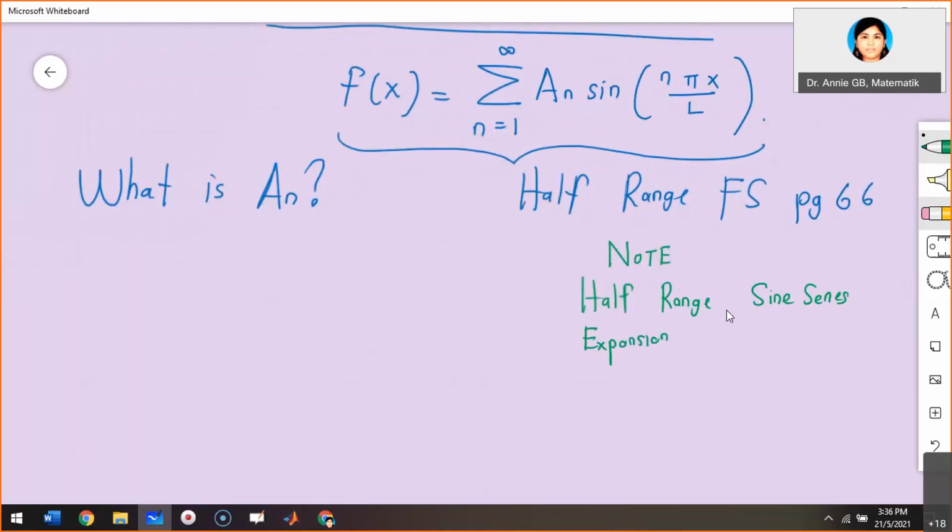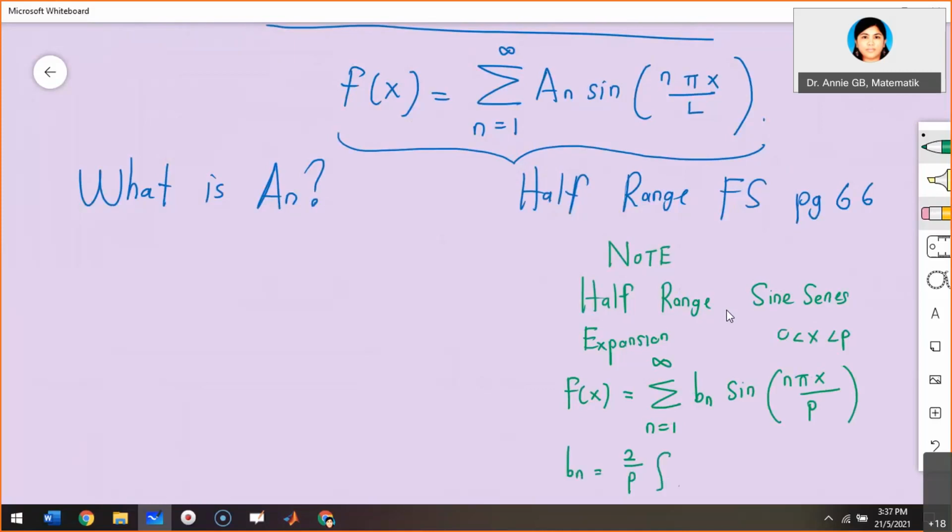Okay, it is given like this in the book: summation n equals 1 to infinity b_n sine n pi x over p, when x is from 0 to p. In the notes, b_n is 2 over p integrate from 0 to p f(x) sine n pi x over p dx.